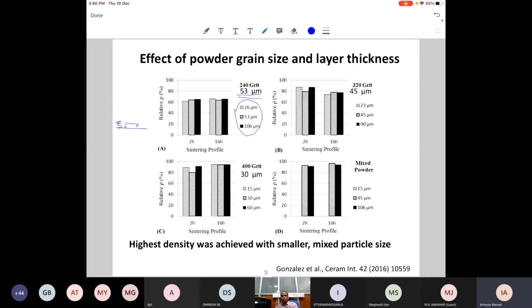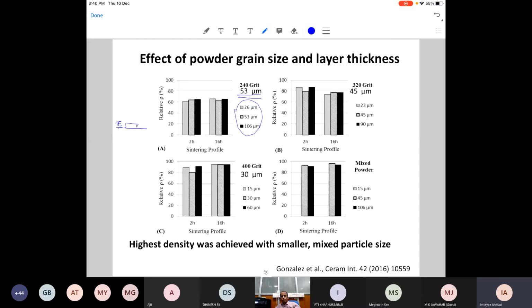Now, if you look at smaller and smaller powders and different thicknesses that you build, you cannot go to very high density. Your density can be about 90, 92, 93%.